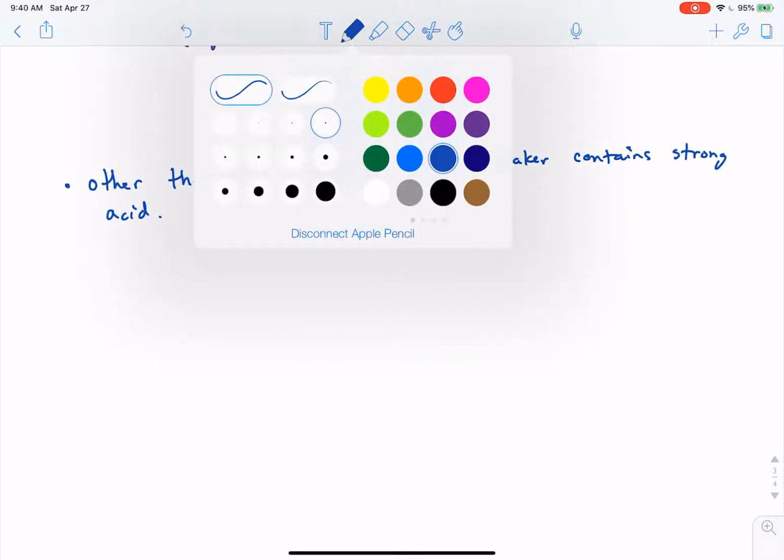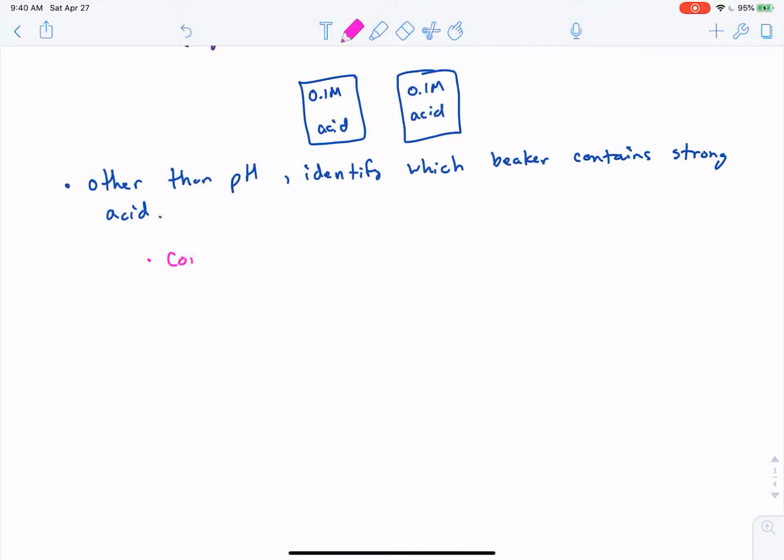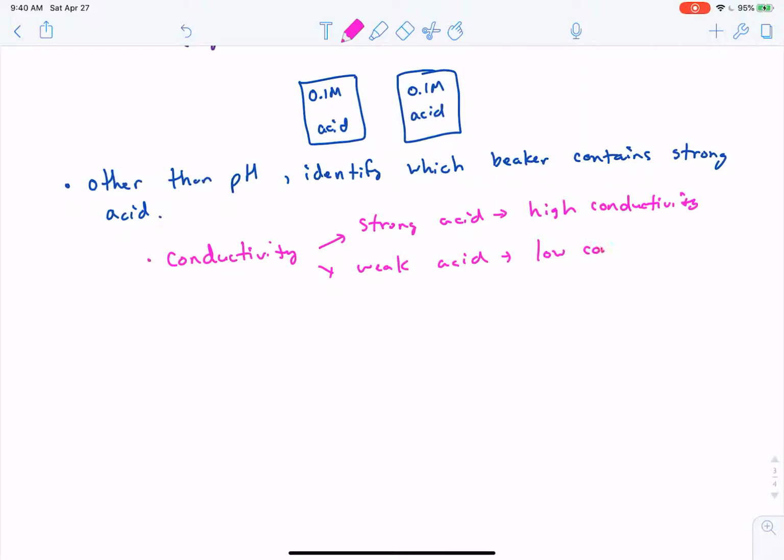One is conductivity. The strong acid will have high conductivity, whereas the weak will have low conductivity. And it's important that you state what the results are going to be.